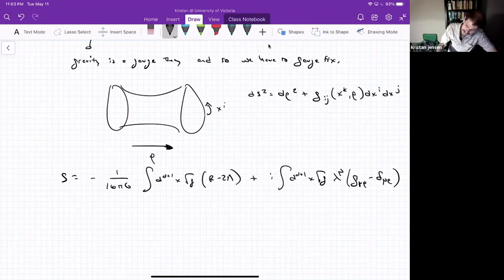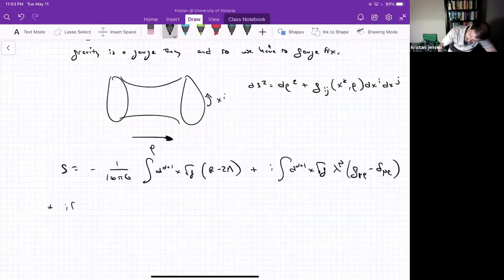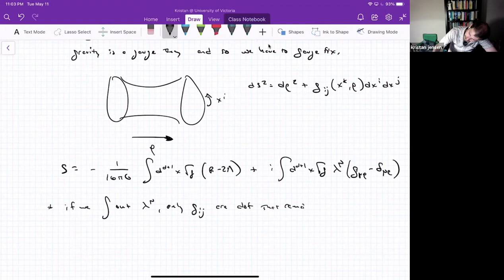So in the gauge fixed theory, the only degrees of freedom are g_ij. So if we integrate out lambda mu, only g_ij are the degrees of freedom of the actual gauge fixed theory. Alternatively, if we don't integrate out lambda mu, we can think of those as leading to an effective right-hand side for Einstein's equations.